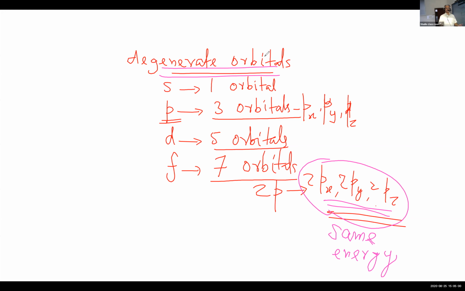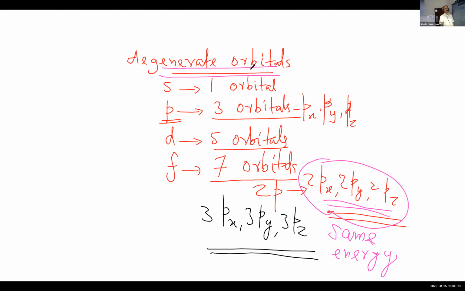You can take another set. For example, say 3px, 3py, and 3pz, another set of p orbitals that will be having the same energy, and that is another set of degenerate orbitals. Remember that 2px, 2py, 2pz, that is one set of degenerate orbitals, while 3px, 3py, 3pz, that constitute another set of degenerate orbitals.